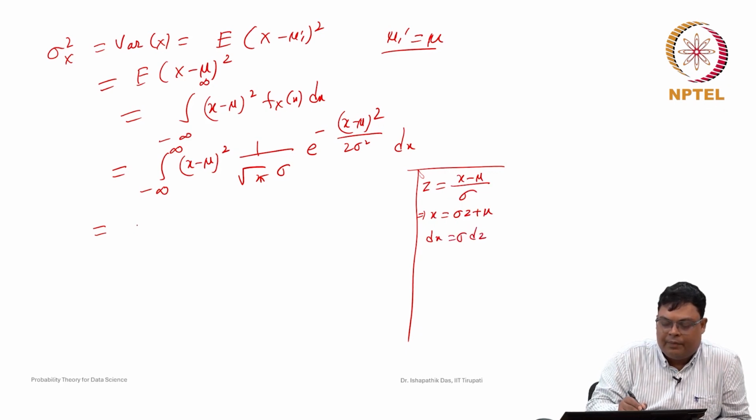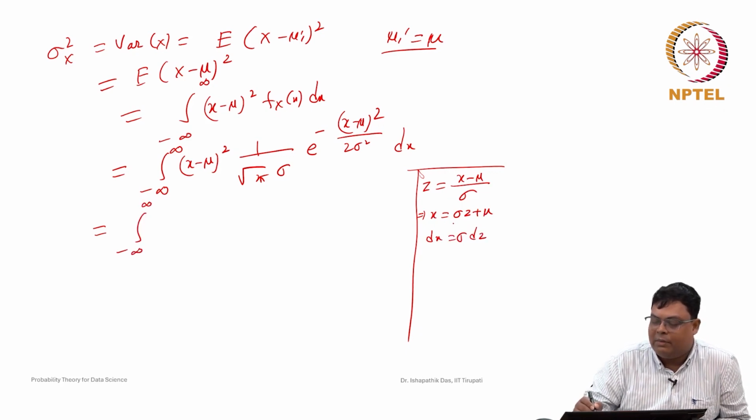So this is equal to the integral from minus infinity to plus infinity, because sigma is a positive number: when x goes to infinity, z goes to infinity, and when x goes to minus infinity, z goes to minus infinity. Now, x minus mu is nothing but sigma z, so x minus mu whole square is nothing but sigma square z square.